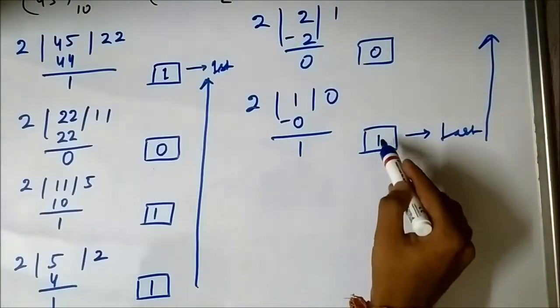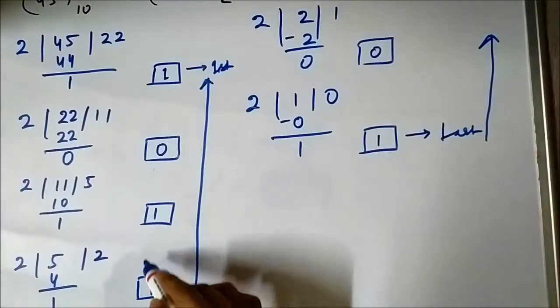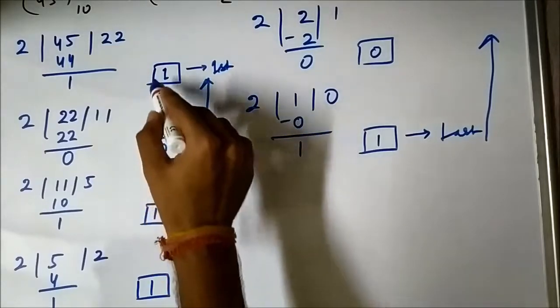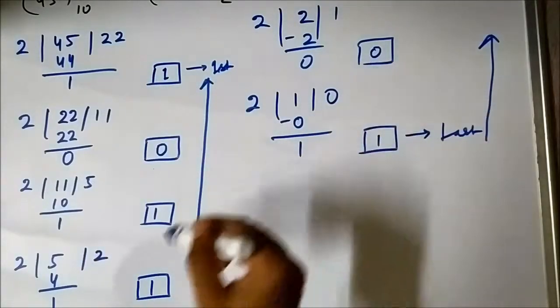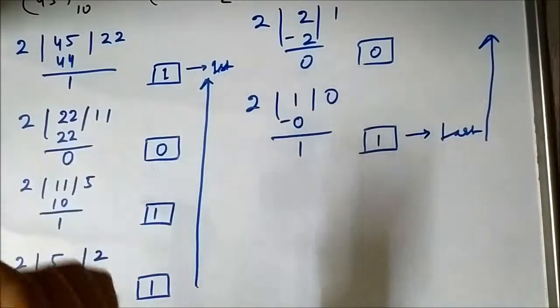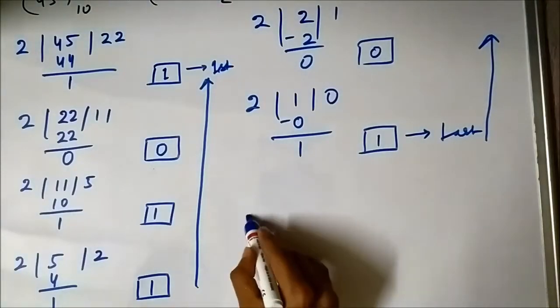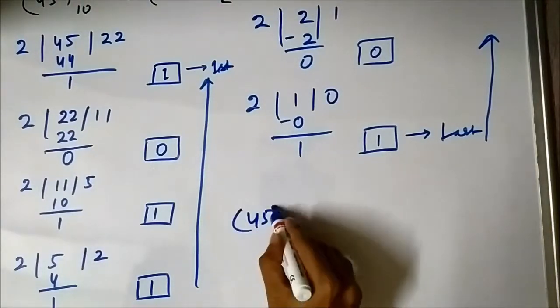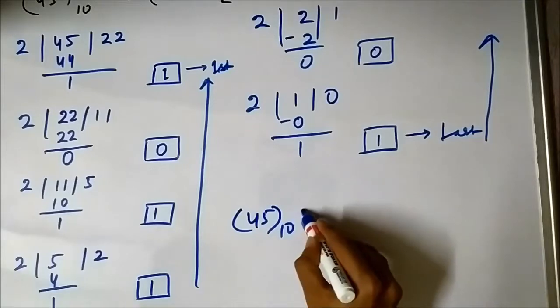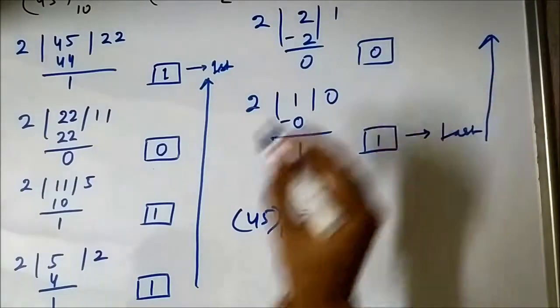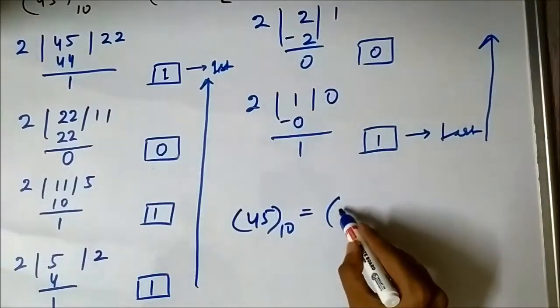So we'll start from here: 1 0 1 1 0 1. So 45 decimal is equal to 1 0 1 1 0 1 in binary form.